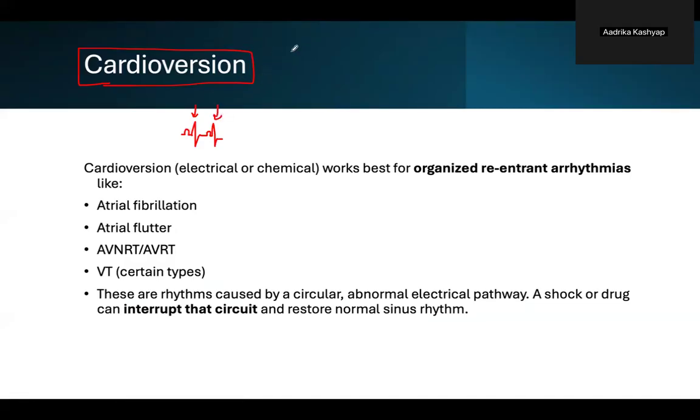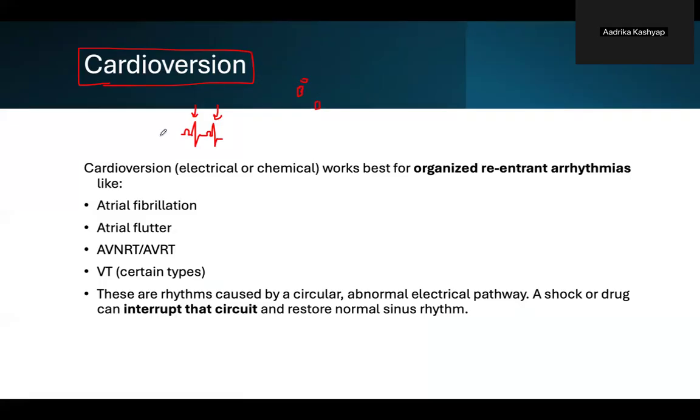You have to remember the difference between cardioversion and defibrillation. In defibrillation, you take your 2 pads out, you charge up to, say, 200 joules, and you shock the patient. Cardioversion is different: you have 2 pads, one on the chest, one on the side over here, and you don't have to really charge it or do anything major.